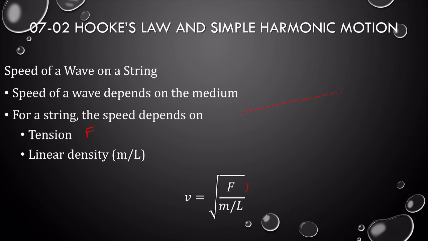So we have high tension, small linear density, makes for a very high speed, which makes a very high pitch. The bass strings are usually wrapped, or at least much thicker. So for the bass, they have a higher linear density, and they're under a smaller tension. So it goes a slower speed, which makes a lower sound.